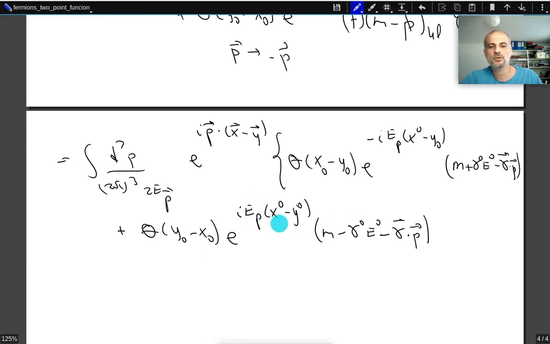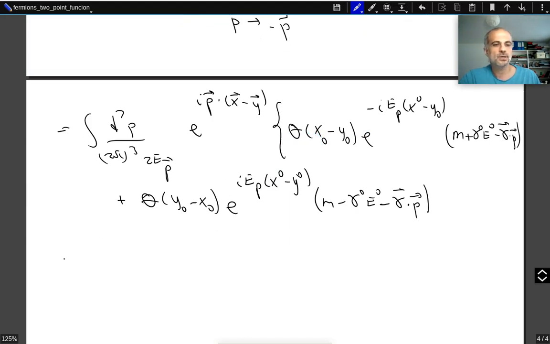But if you remember what we had done in the case of the scalar fields, we can just reorganize, write this, including these step functions, we can write them as a time ordered product, as an integral, as a complex integral.